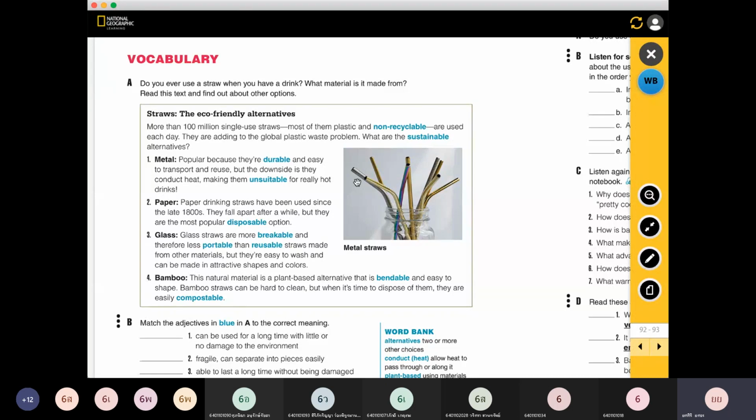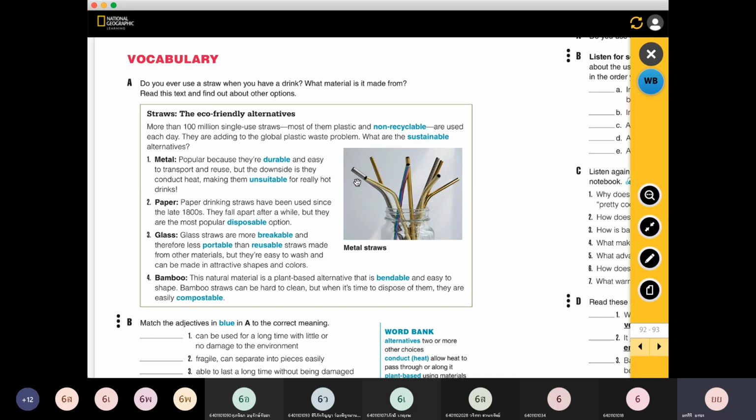So let me say it like this. I would like to ask you about your opinions about using reusable straws. For me, the difficulty of using a reusable straw is just the cleaning.